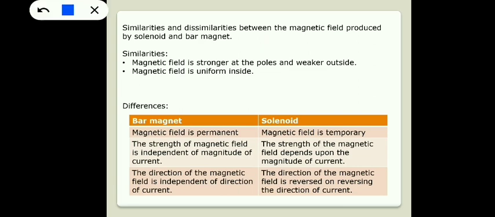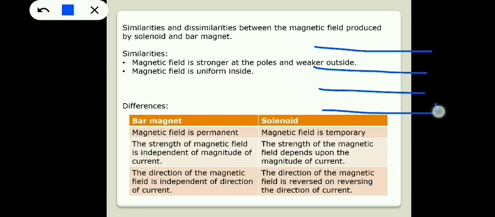So in this context, I would like to discuss one more thing. That means if a magnetic field is uniform, we can represent that magnetic field by drawing parallel equidistant lines like this. Okay, so a uniform magnetic field is represented by parallel equidistant lines like this. And this arrow shows the direction of the magnetic field.